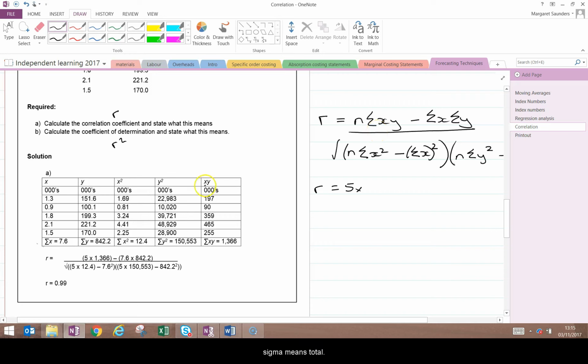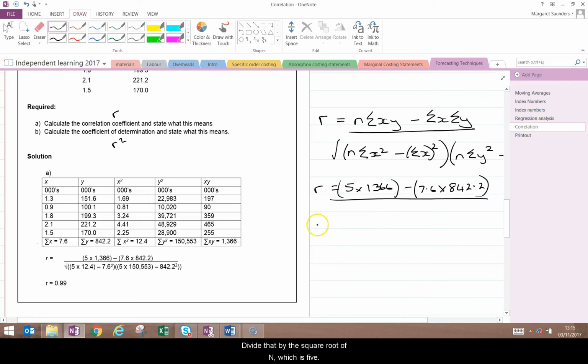So r is equal to 5 times sigma xy. So go to the xy column. Sigma means total. 1366 minus sigma x times sigma y, which is 7.6 times 842.2.